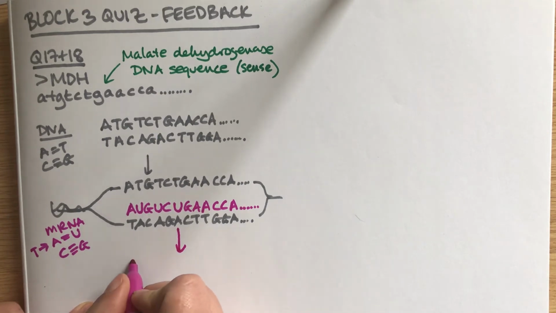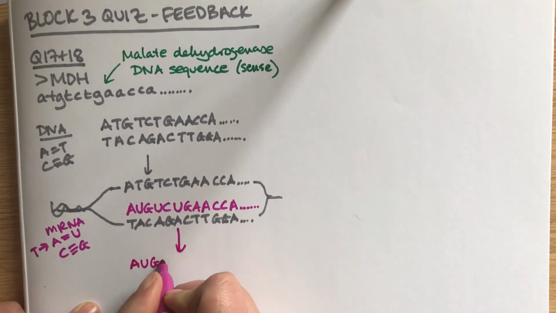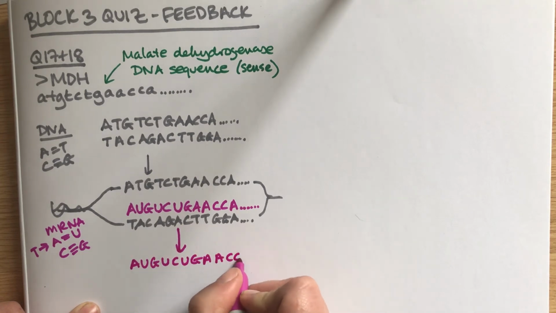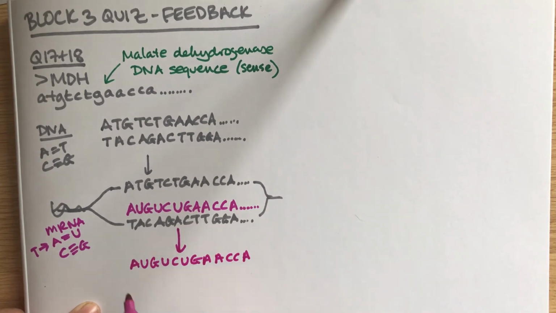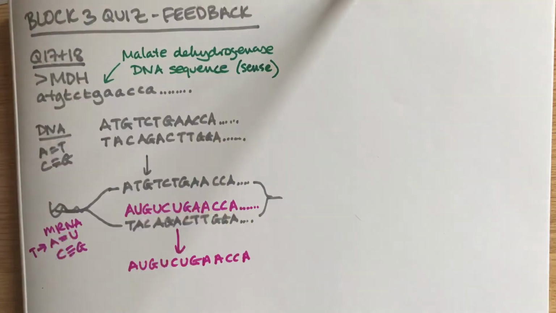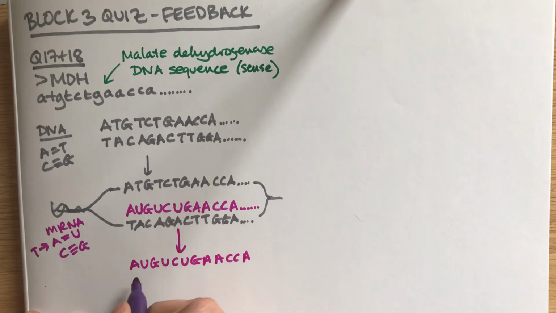We then asked you to use the genetic code to translate that sequence, and we wanted the first 3 amino acids. If you remember, translation works in blocks of 3 because each one is a codon.